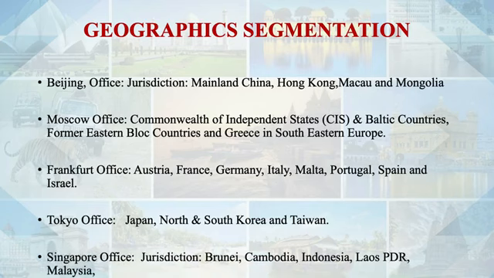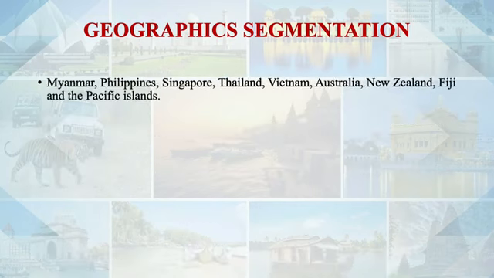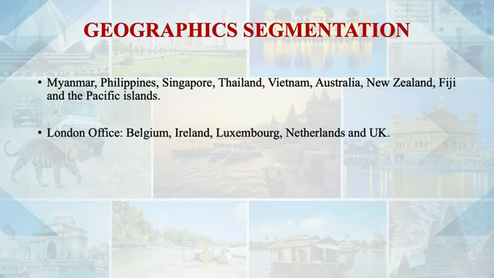The Singapore office covers Brunei, Cambodia, Indonesia, Laos PDR, Malaysia, Myanmar, Philippines, Singapore, Thailand, Vietnam, Australia, New Zealand, Fiji and the Pacific Islands. The London office covers Belgium, Ireland, Luxembourg, Netherlands and the UK.